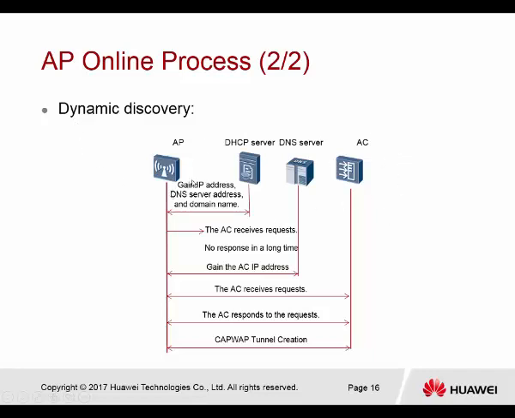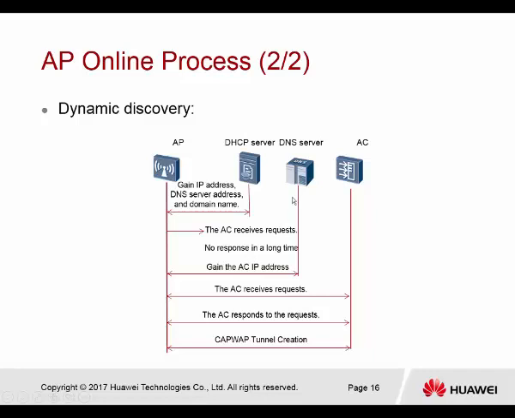You require the AP, DHCP server, DNS, and also the controller. The AP will try to get the IP address, because for any IP device, if you want to form the connection, the first thing you require is the IP address. Once you get the IP address, the next step, if the same local network has a DNS server, is to find the AC IP address from the DNS server.